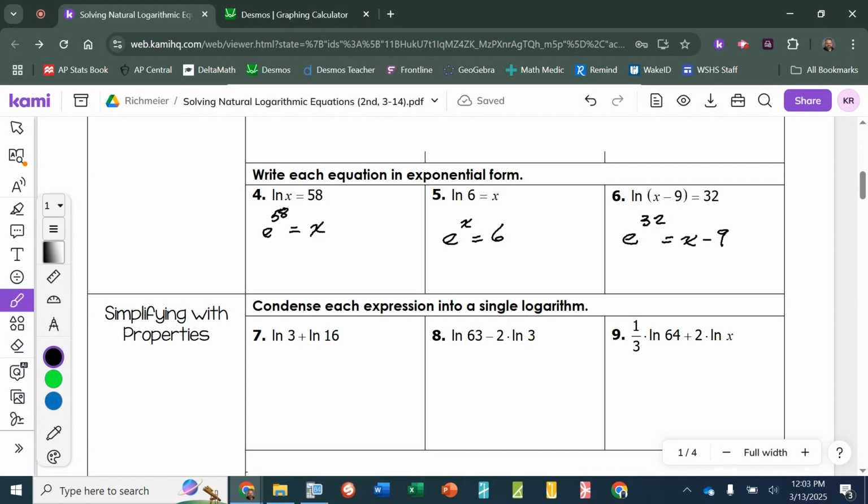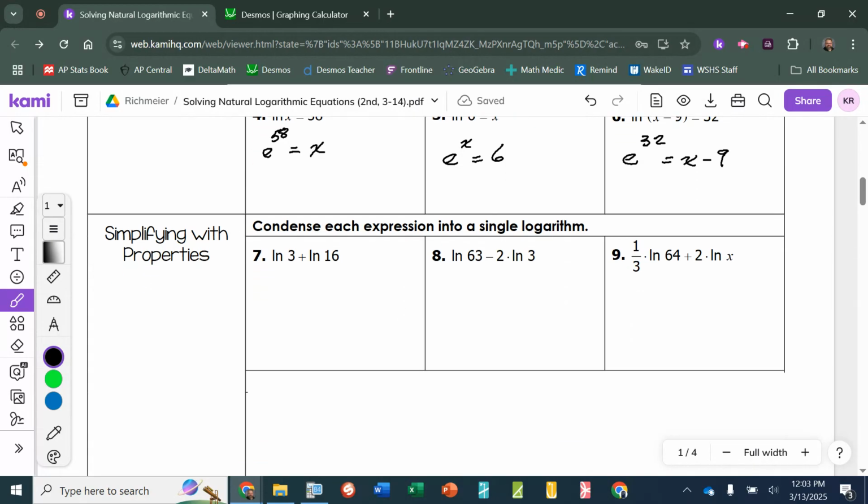The next part is simplifying with properties. These might look a little familiar, except we're not using logs with different bases, we're using natural logarithms here. It turns out all of the properties of logarithms from the beginning of the unit still apply.